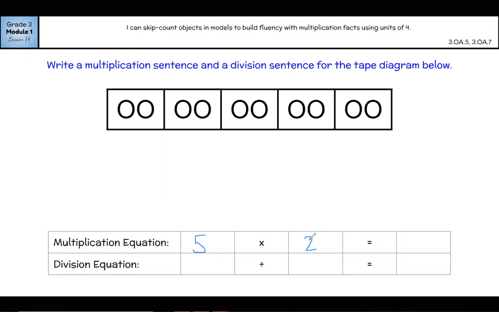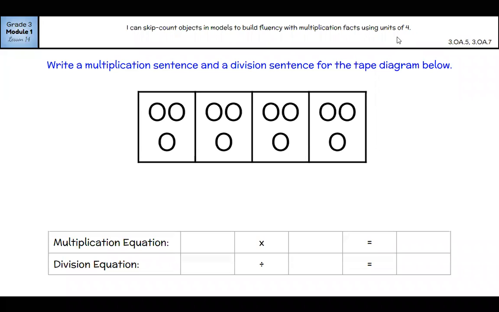So 5 groups of 2 equals 10. I'm sorry, 2, 4, 6, 8, 10. I knew it was 10, so I got ahead of myself there. 10. All right, so if we make a division equation, we say, okay, if I have 10 total, and I divide it into 5 equal groups, I will get 2 in each group.